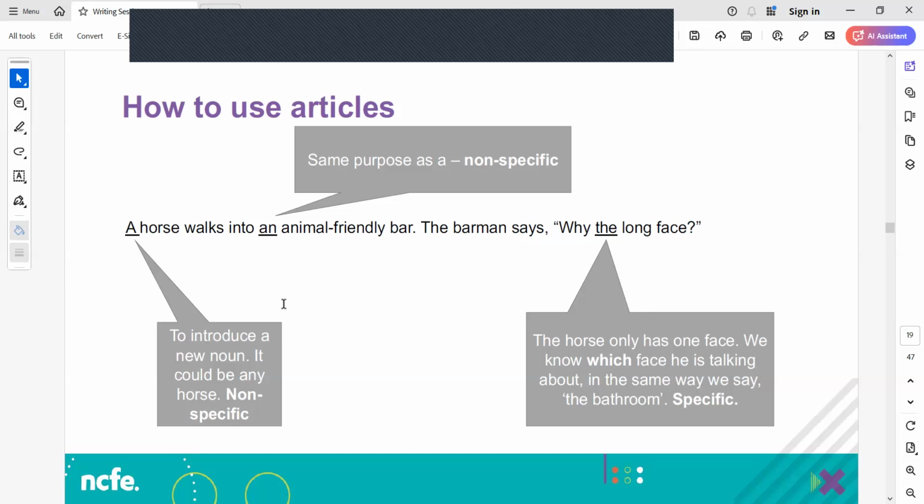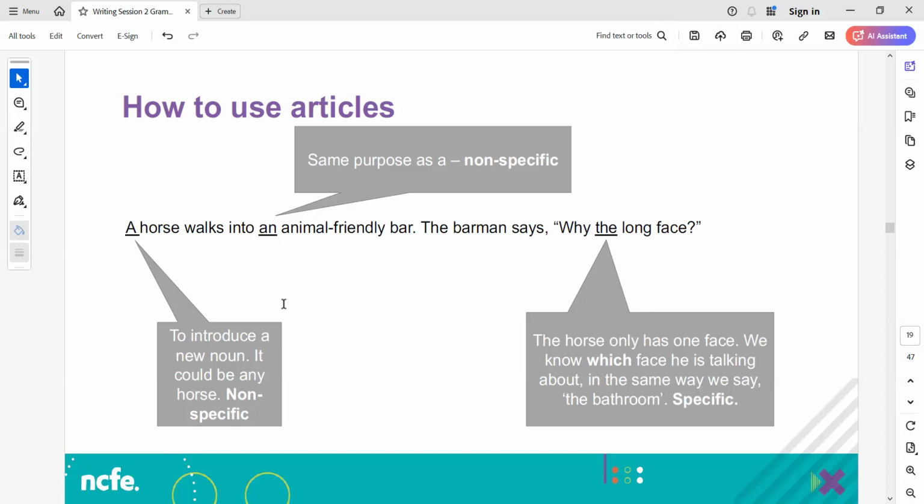An is used in the same way as a, but because it's before a vowel sound, it is an rather than a, but it's serving the same purpose. And at the end of this example, the horse's face, it only has one face. We know he's talking about the horse's face, so it's specific, which is why we use the.